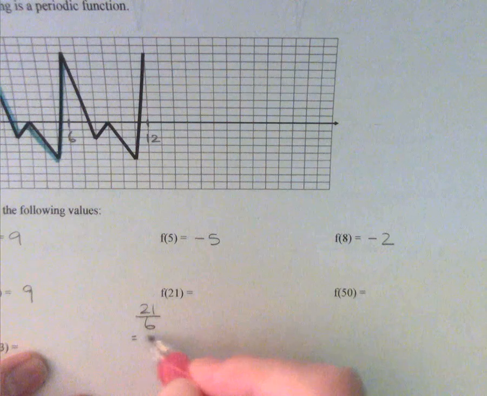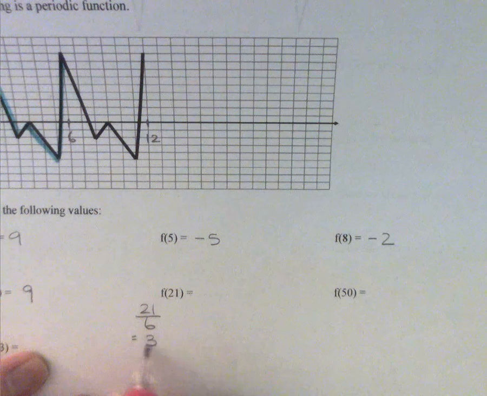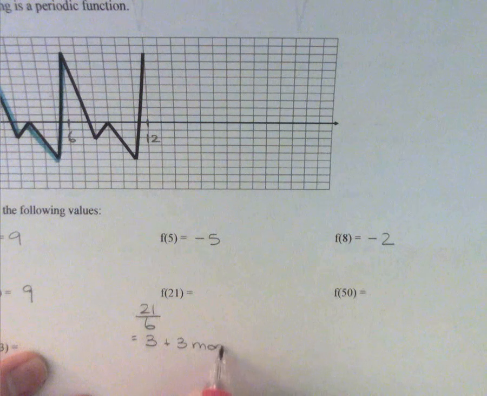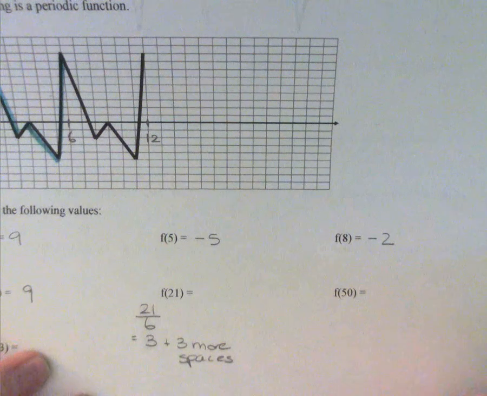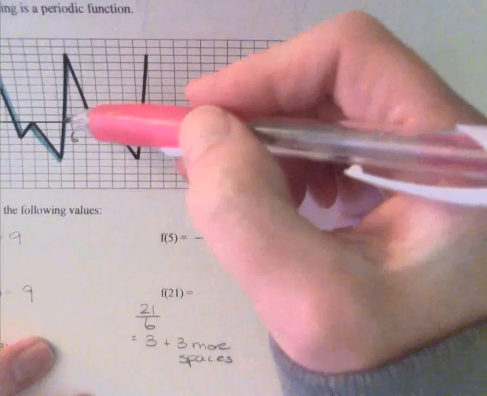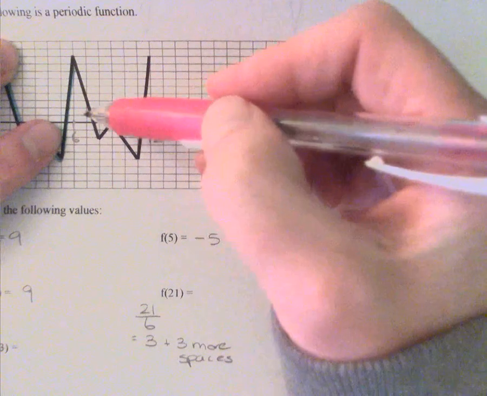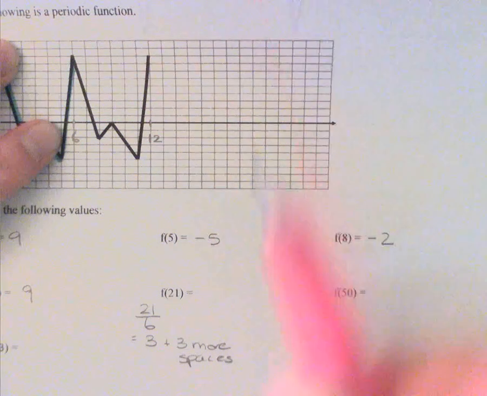Okay, so I'm going to divide by the period of the cycle. So that will give me 3. And then I have 3 more spaces after that. So I'm going to find the end of a cycle. It took me 3 full cycles. And then 1, 2, 3 more spaces. So I'm going to be at 0.